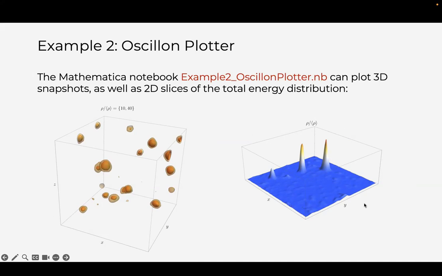And then you have also 2D slices, right? Sometimes these contours look beautiful, but are maybe not as useful as, for example, seeing here really how the energy density evolves if you slice this 3D plot apart, right? Here you see these oscillons and how large the energy densities are.